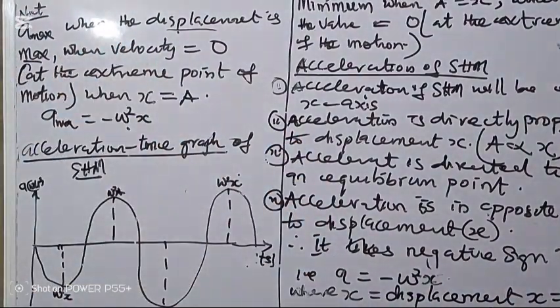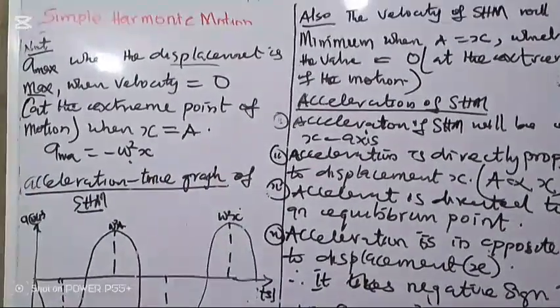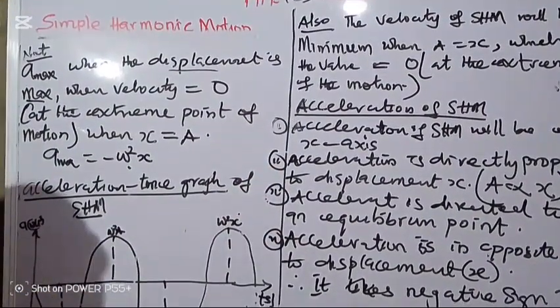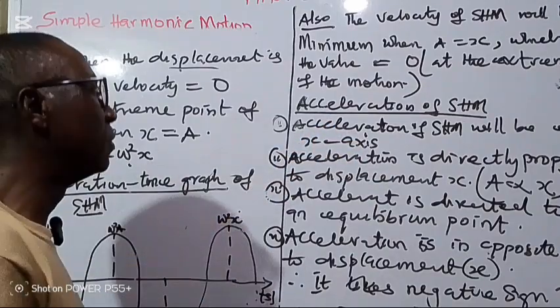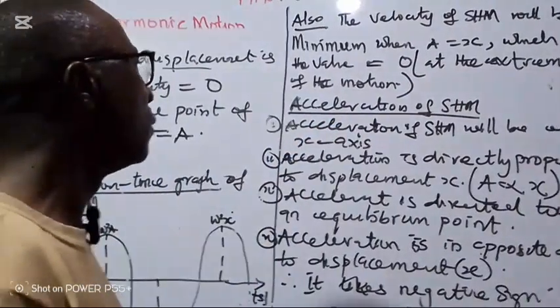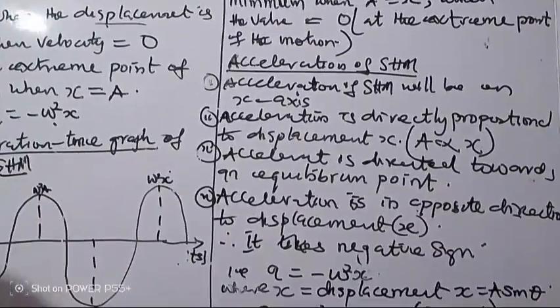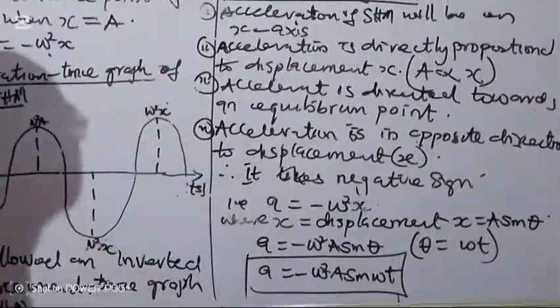We are going to use them to solve some problems. So, as I said earlier, if you have not watched our video on uniform circular motion, please try as much as possible to watch it before you come to this simple harmonic motion, so that at the end of the day, you can understand the two topics together.